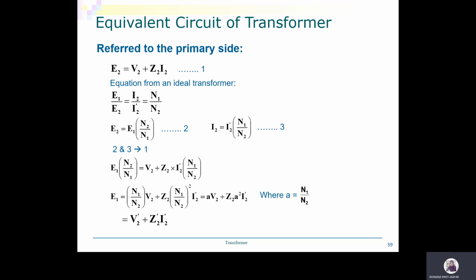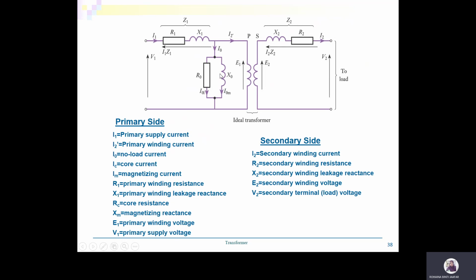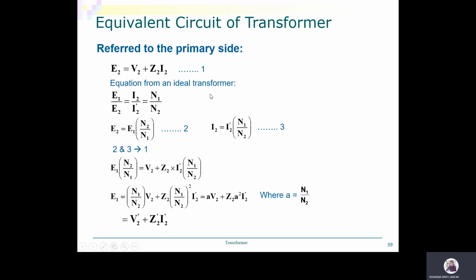Then the equivalent circuit of the transformer. These are the formulas, the proven steps to get the formula for each parameter. Each parameter has its own formula. So these are the steps.